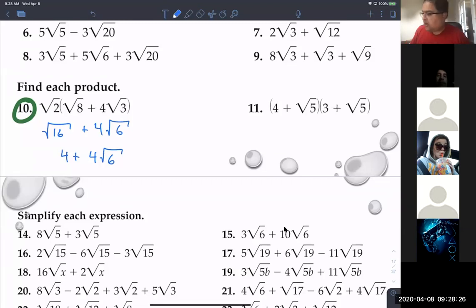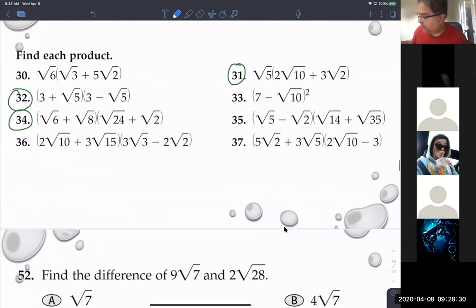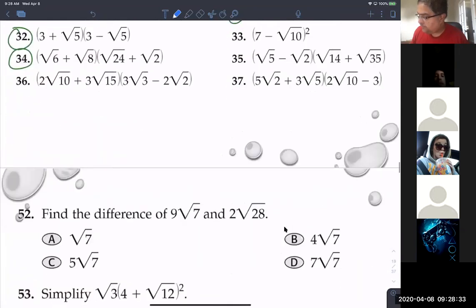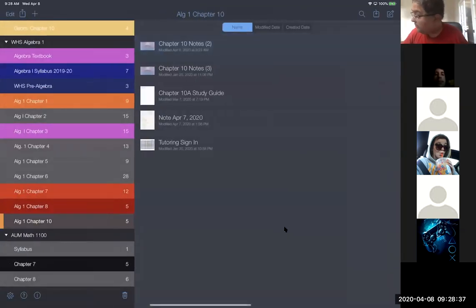All right, so let's talk about multiplying. And we've been through this already, but it'll be a good way of reviewing, if you will.